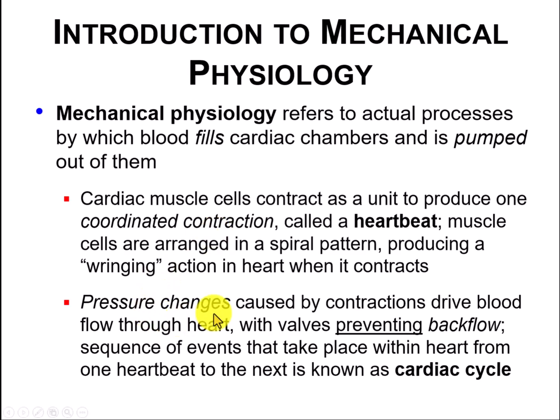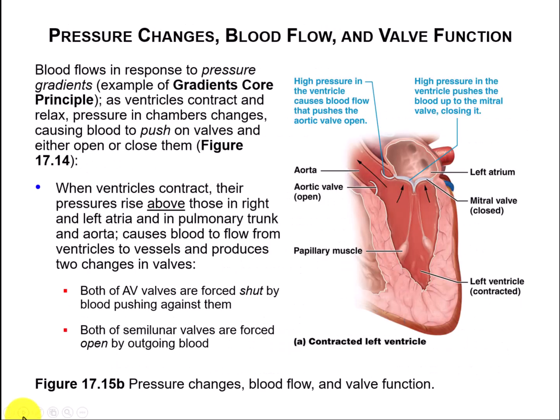The blood moves through the heart with pressure changes, from an area of higher pressure to an area of lower pressure. And then the valves are what prevent the backflow when pressure decreases. So let's look at the 4 steps of our cardiac cycle.